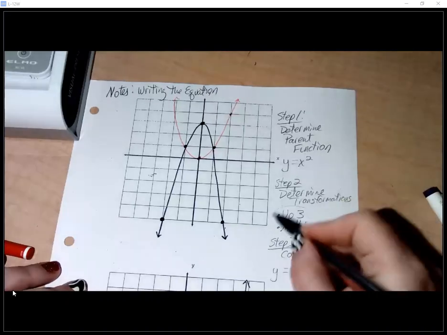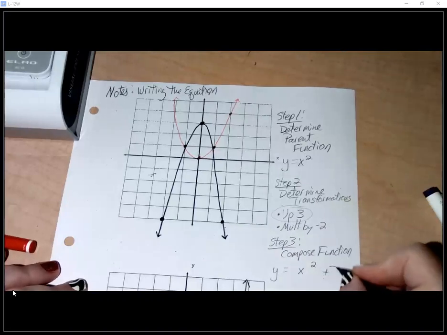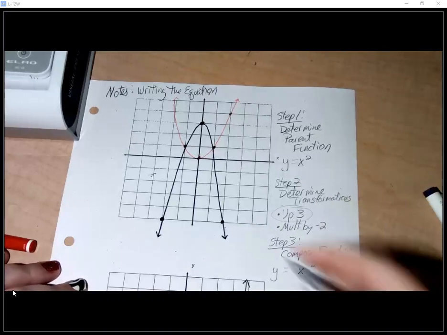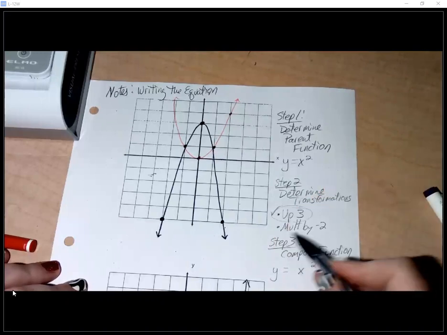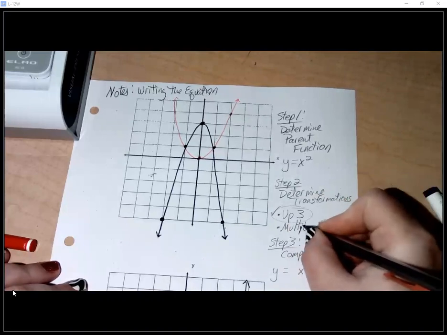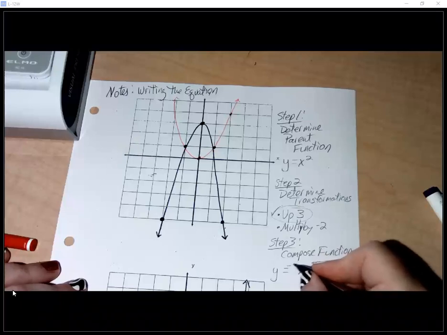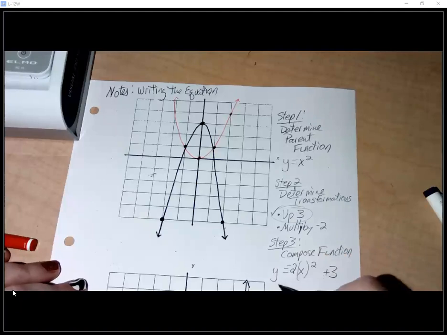How do you show up 3? I just add a +3 on the end, right? That's easy. So I took care of that part. How am I going to show, oh, I forgot, multiply y's by -2, right? I didn't multiply the x, I multiplied the y. So how do I show that? Multiplying the y's by -2. -2 outside parentheses. Yeah, if you want to be really fancy, you could do it like that. So I'm going to write it all nice and neatly, -2 x squared, and then the +3.